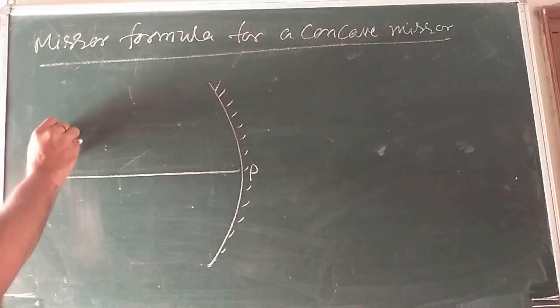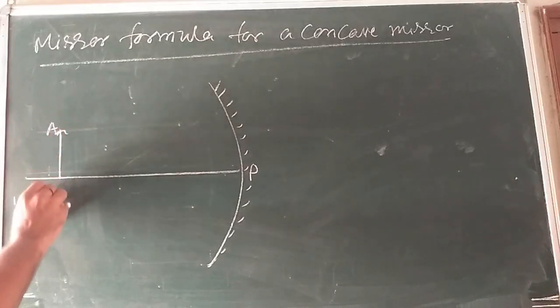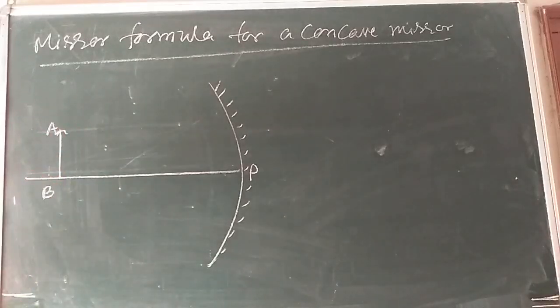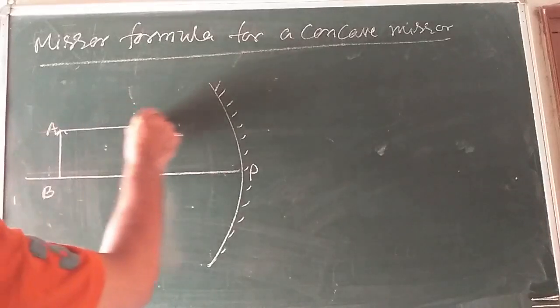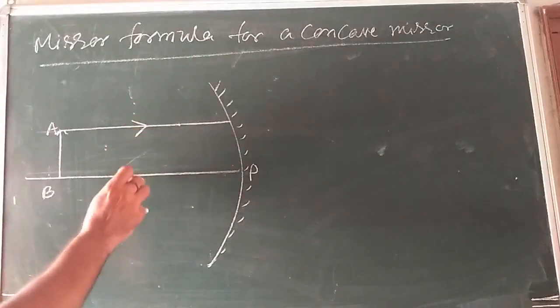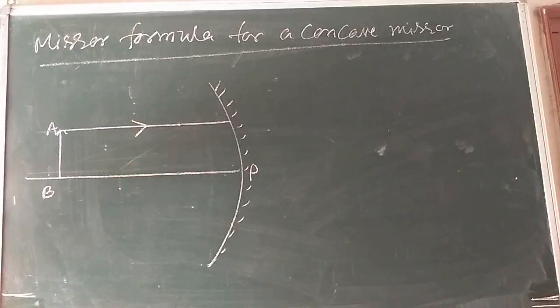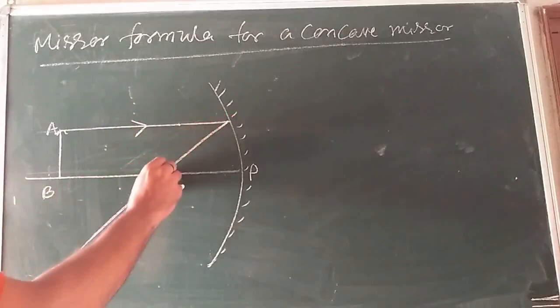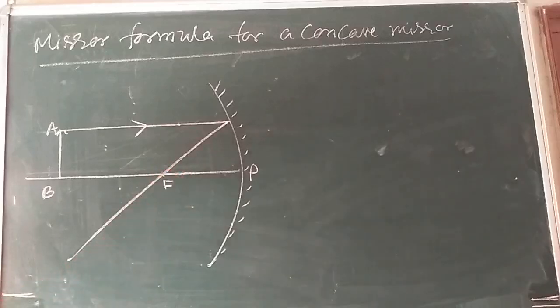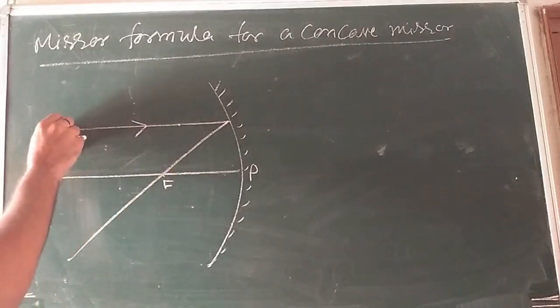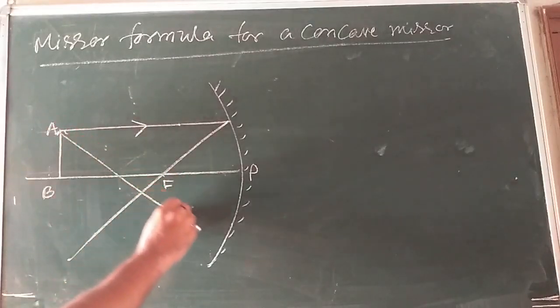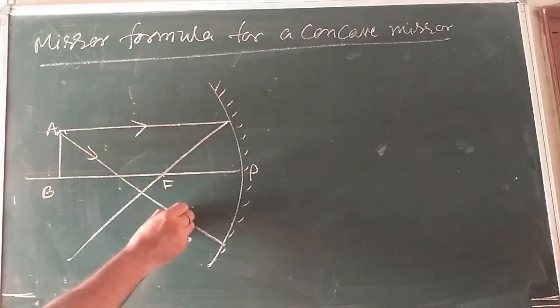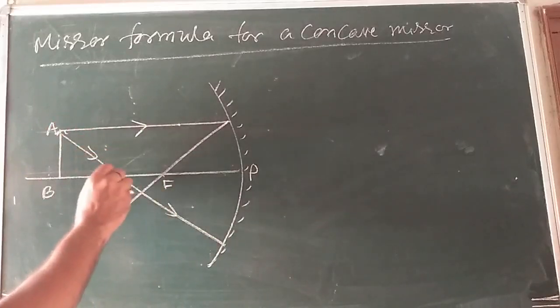Suppose here an object is kept AB. A ray parallel to the principal axis, just after reflection, it will pass through the focus here. Here the another ray which passes through the center of curvature.